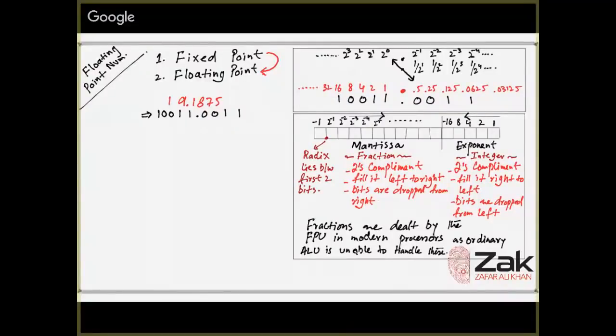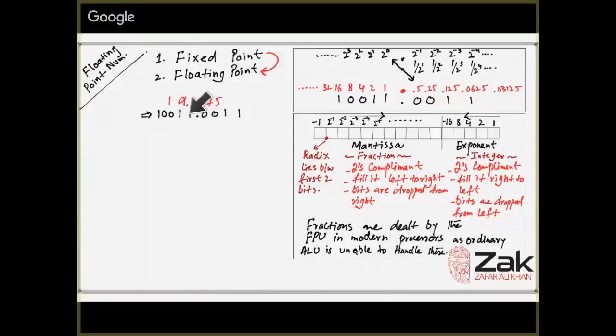Unlike whole numbers, where we have to complete the byte by putting leading zeros on the left side, here the significance of filling the whole byte is not that important. So we would not have any leading zeros or trailing zeros here. All we have to care about is the least number of bits in binary that we require.